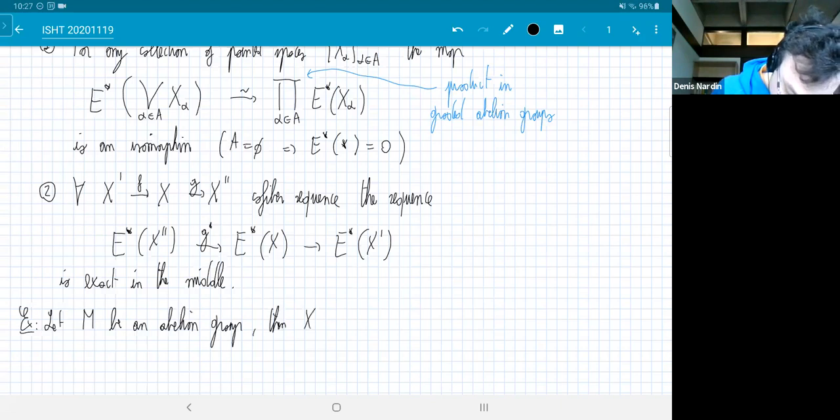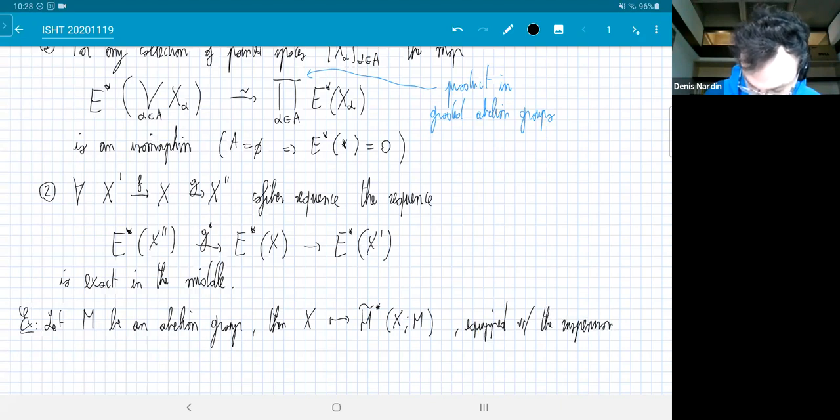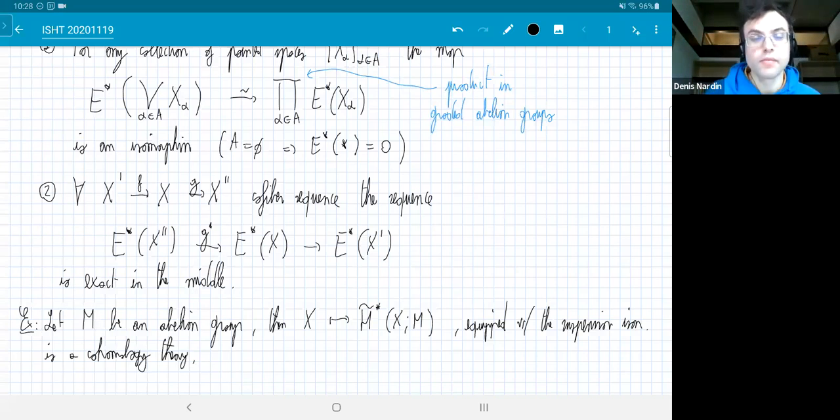Then X goes to the reduced homology of X with the coefficient of M, equipped with the suspension isomorphism, is a cohomology theory. And you should have seen both properties.